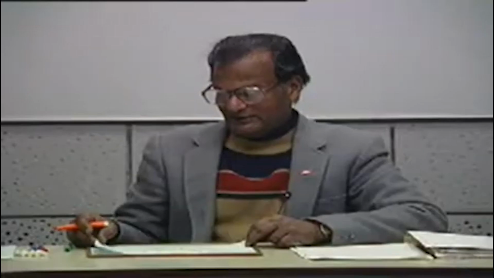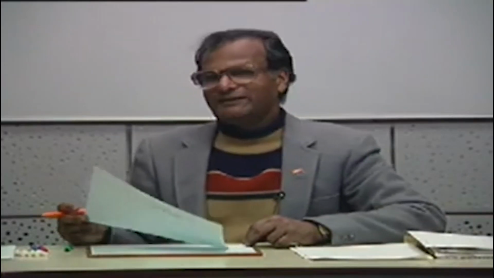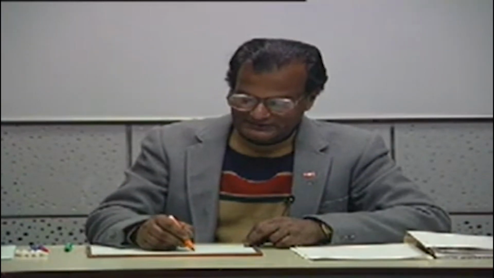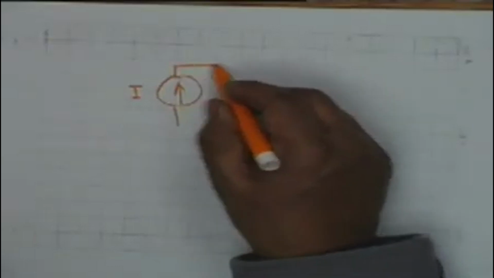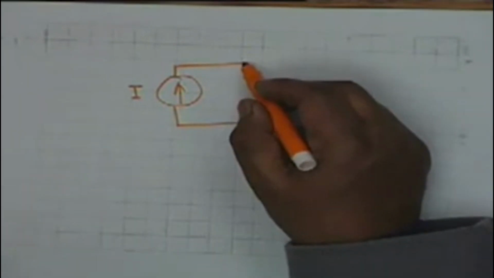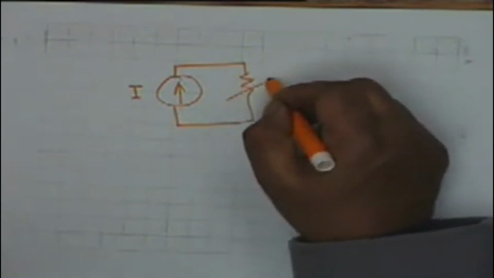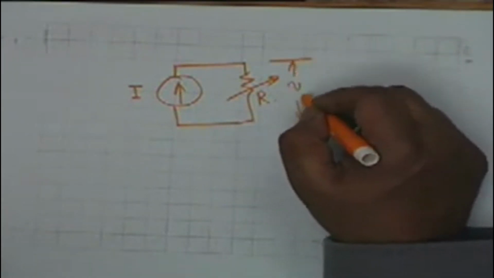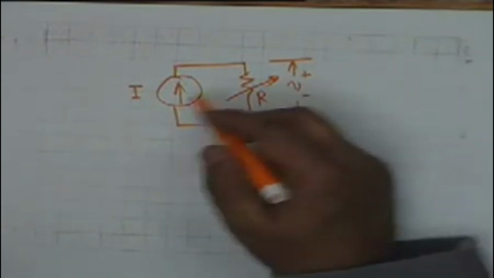Alright, the situation is slightly uncomfortable if we consider a current generator I, capital I. It maintains a constant current irrespective of what the load is. If the load changes, then what changes is the voltage V, not the current.